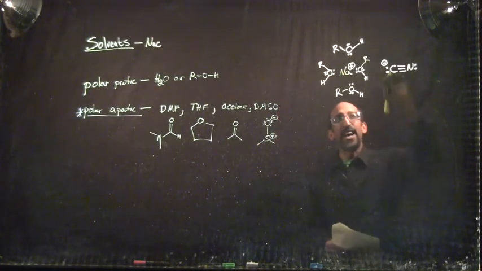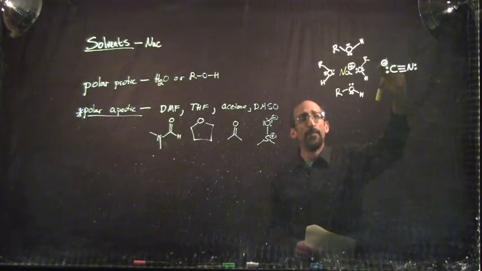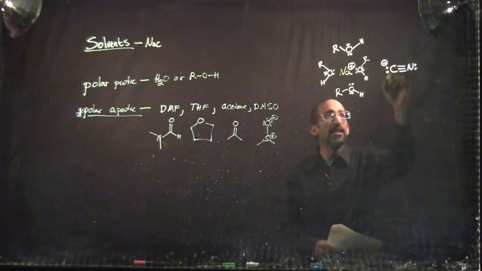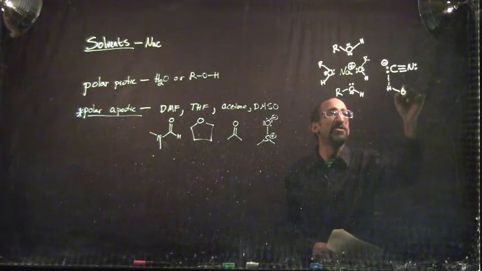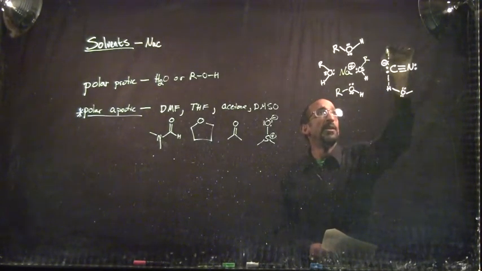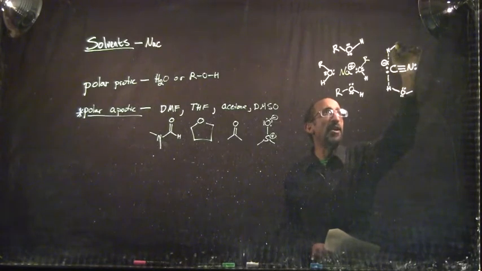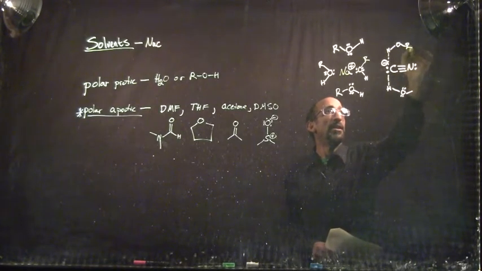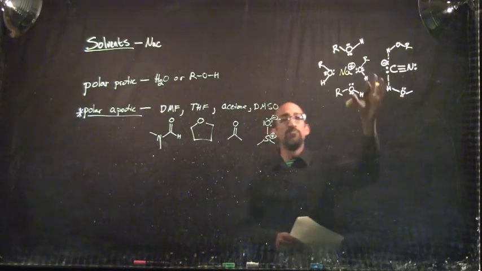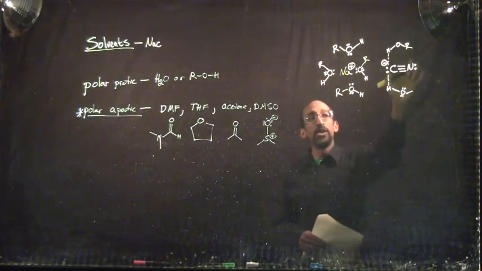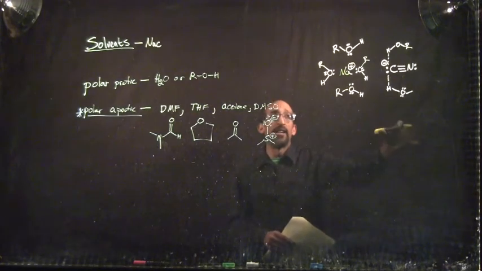But the problem is that I've got this lone pair here on my nucleophile. And that lone pair can hydrogen bond to the hydrogen of my alcohol solvent. And so that actually ties up that lone pair and makes it more difficult for my nucleophile to go and react with my electrophile.